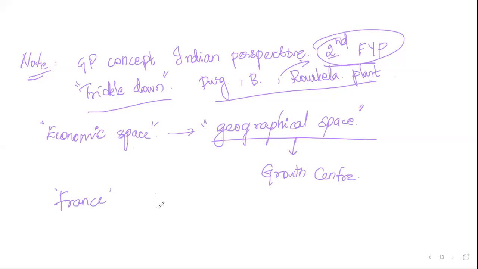So Paris had too much development, and France has become a desert, say the critics of Perroux. Okay, so these are my critical evaluation of the growth pole theory.